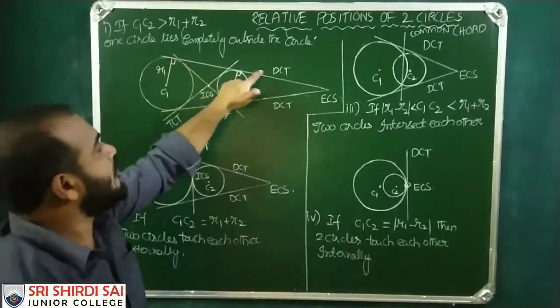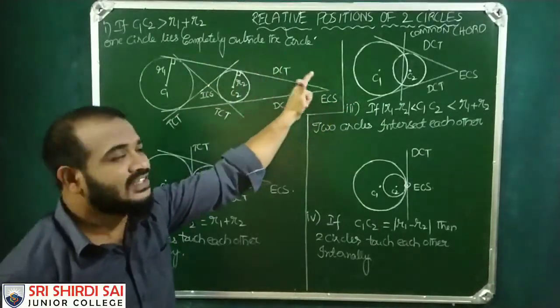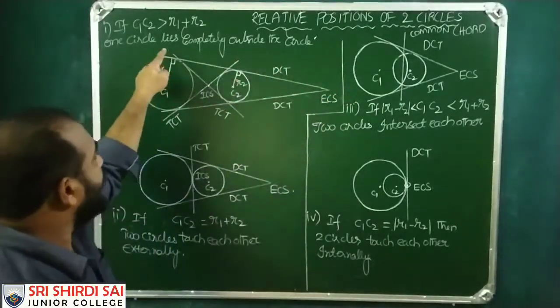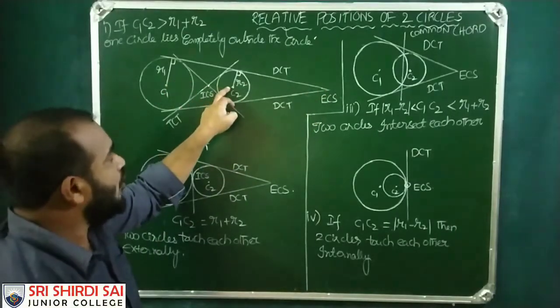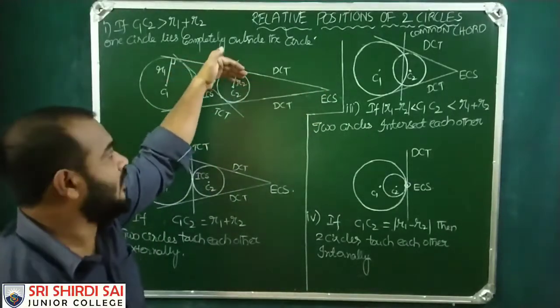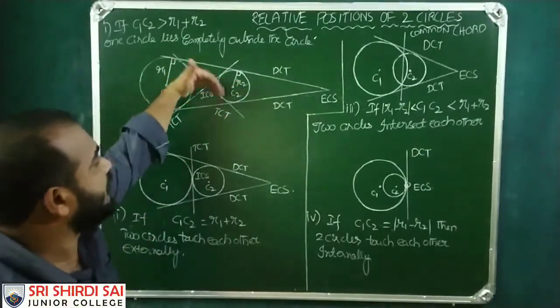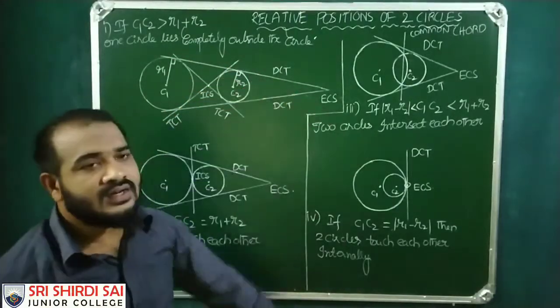A direct common tangent is a line such that the two circles lie on the same side of it. That line is called a direct common tangent.